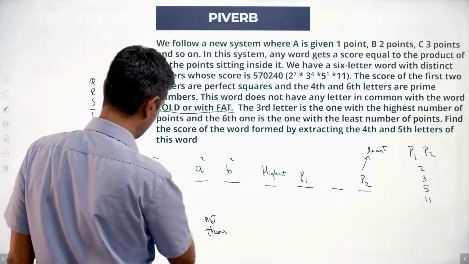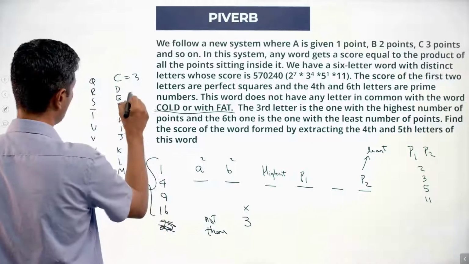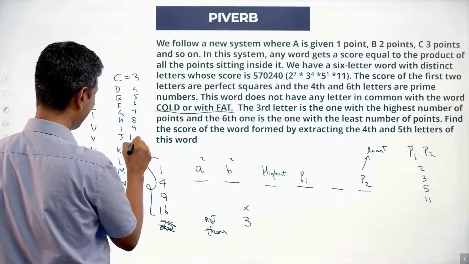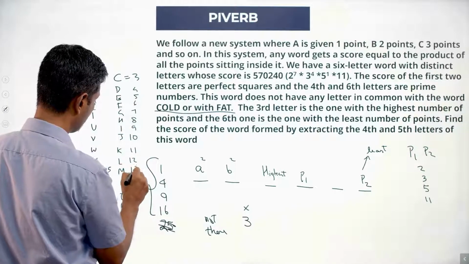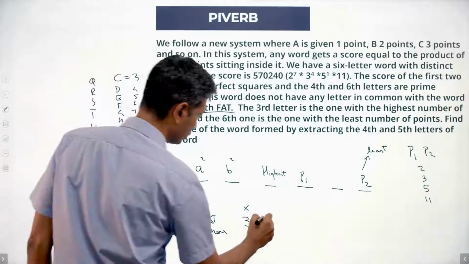C is not there. So there is no 3 in this system. O. So 4, 5, 6, 7, 8, 9, 10, 11, 12, 13, 14, 15. O is not there. So there's no 15 in this system.